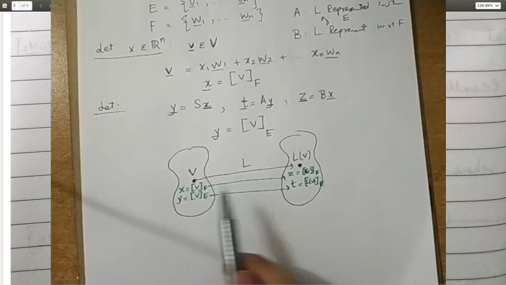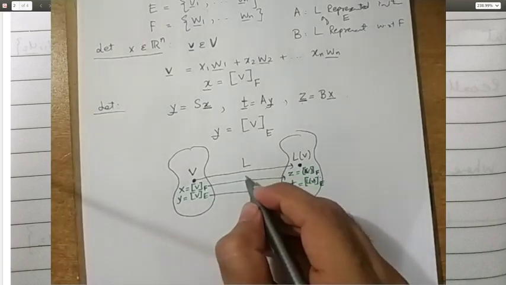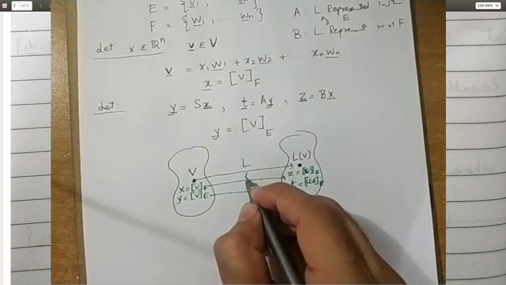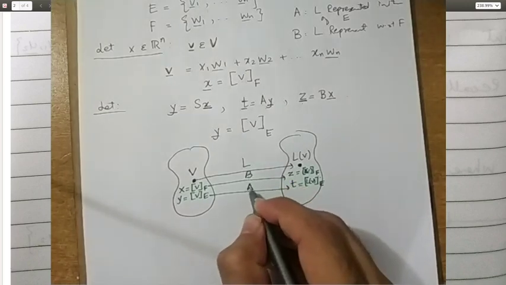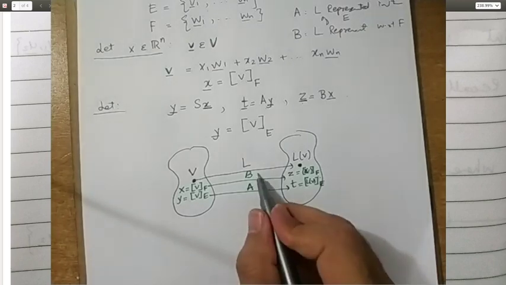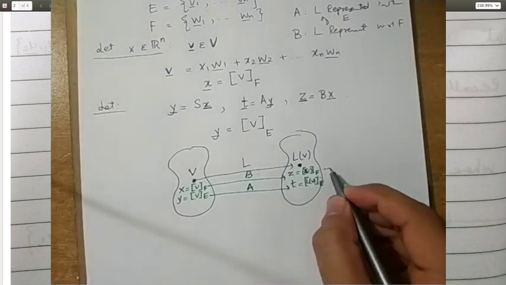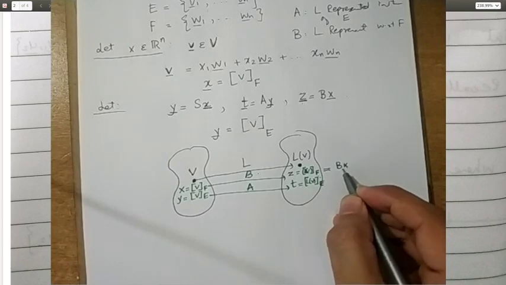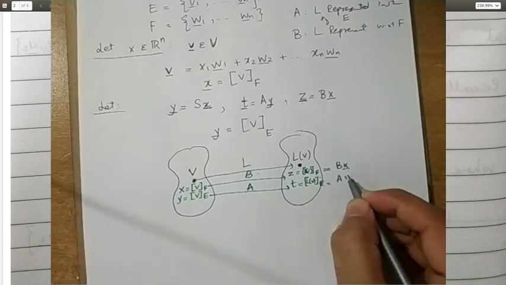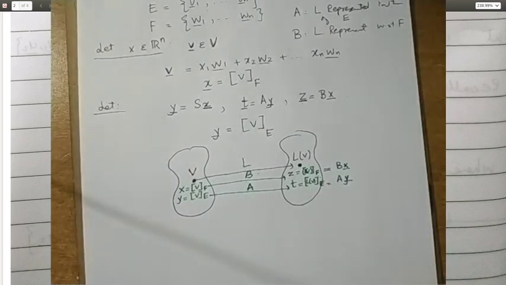This was basis F and this was basis E. And so this will be done by multiplying with B, and this will be done by multiplying with A. So this is B times X and this is A times Y.